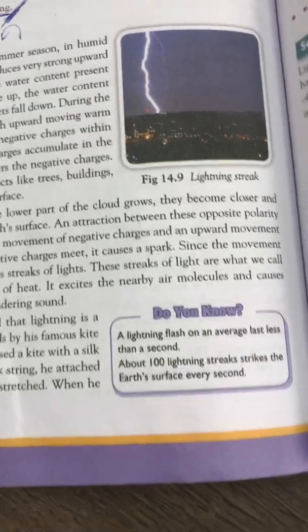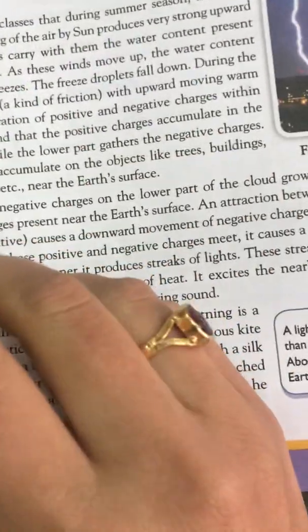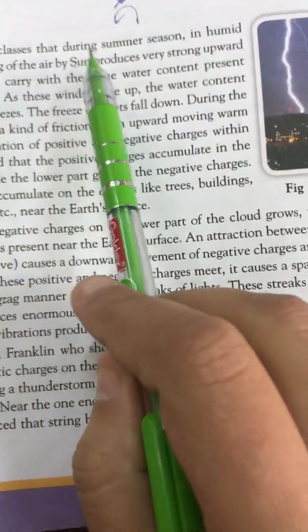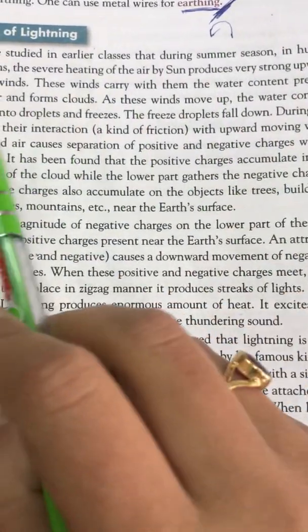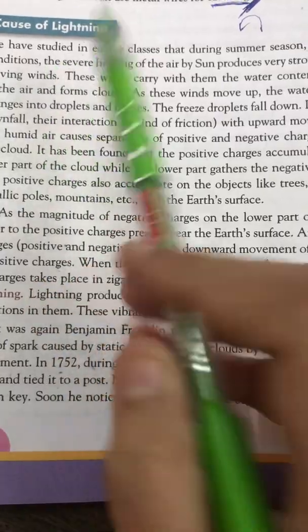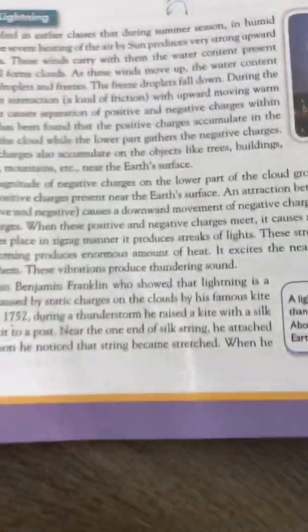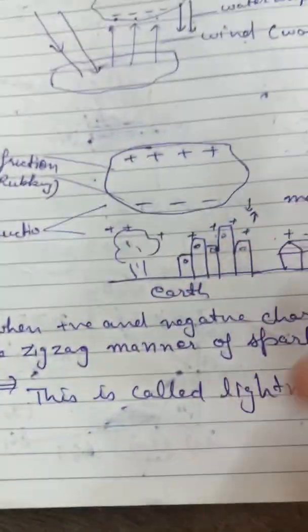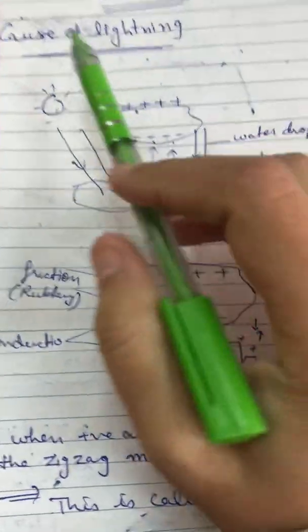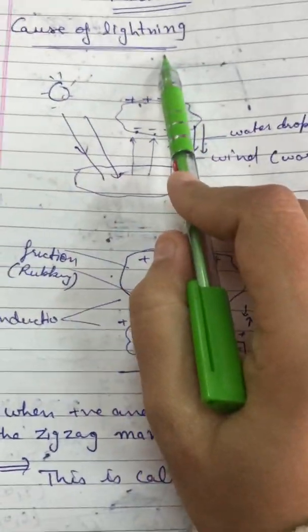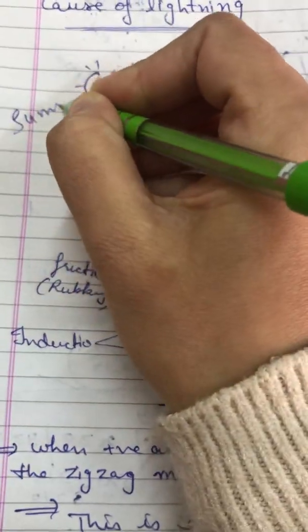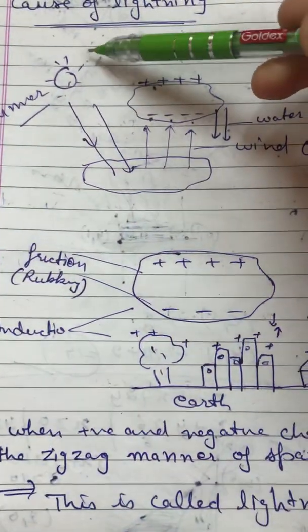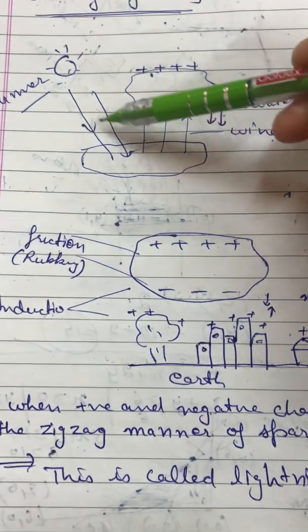In the earlier classes we learned that during the summer season, humid or warm air moves upward. We will understand it by a diagram. Generally in the summers, the sun gives us heat.